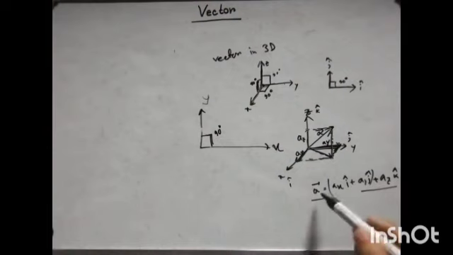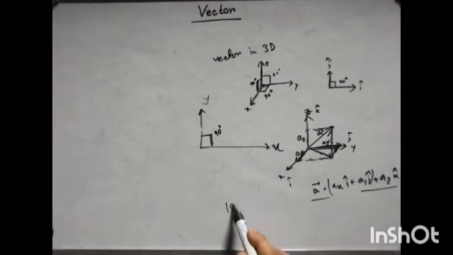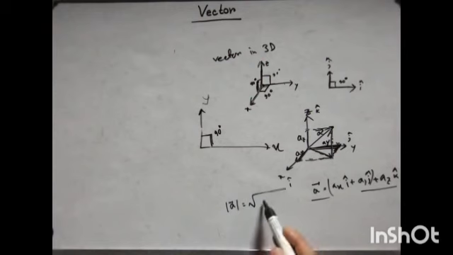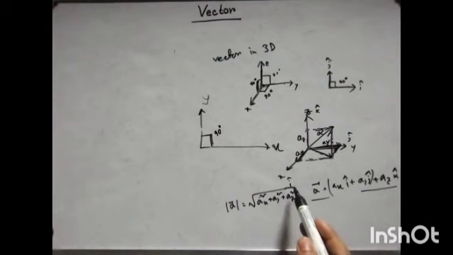And the magnitude of a vector will be root over ax square plus ay square plus az square. Okay, why so?